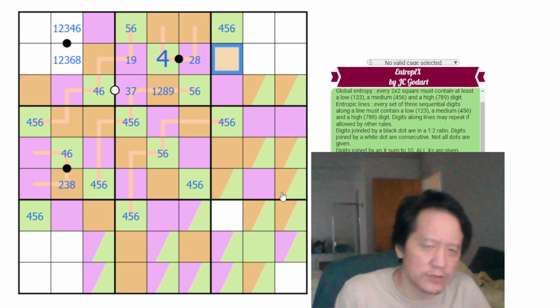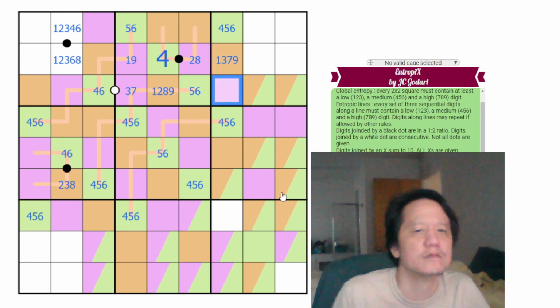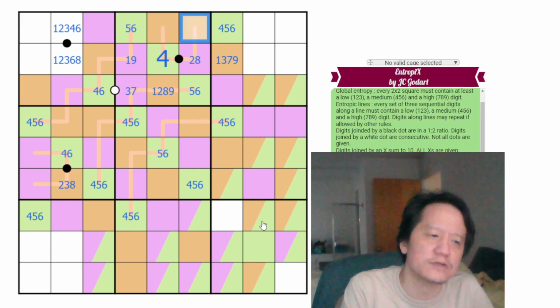This cannot be 2 or 8, so this is 1, 3, 7, 9. This cannot be the 2 or 8, so this is also 1, 3, 7, 9. So the other 2 or 8 has to be one of those two.